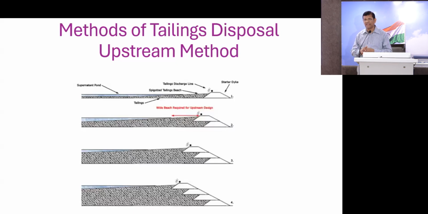The initial concept was that after a certain time the slurry will settle. Once slurry settles, it will generate some strength, because slurry doesn't have any strength. Then the water will evaporate, and when we start the next structure, we think that it is already settled and has strength, so we can move to the next structure. That's how we can go on doing this.